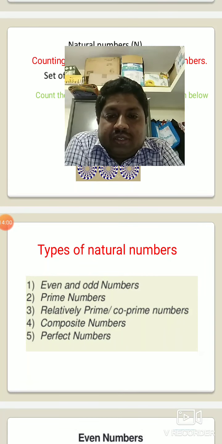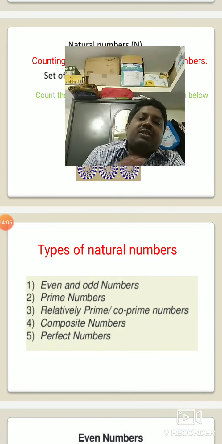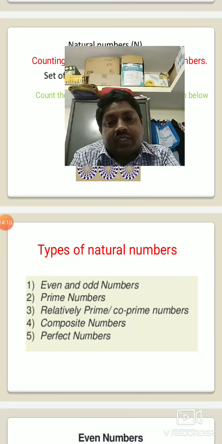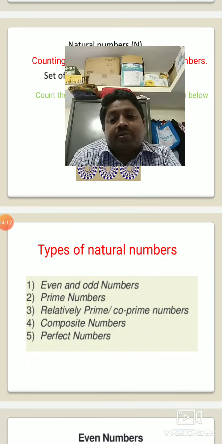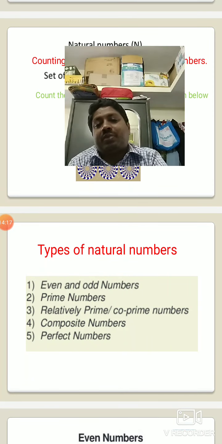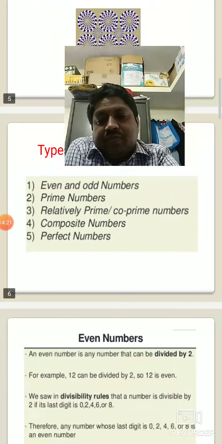What are prime numbers? Relatively prime or co-prime numbers, composite numbers, perfect numbers. See, these are types of natural numbers itself. Now we learn one by one.